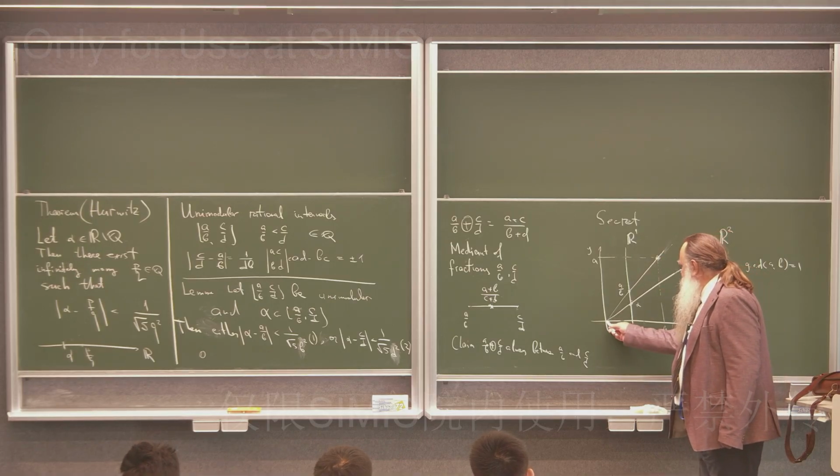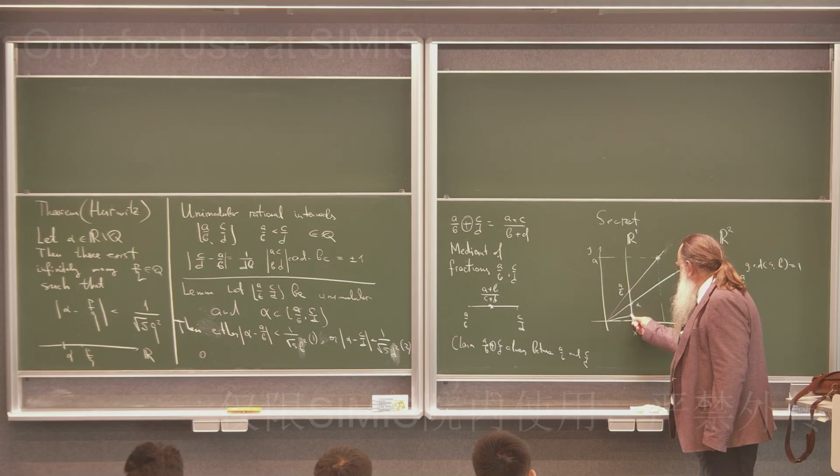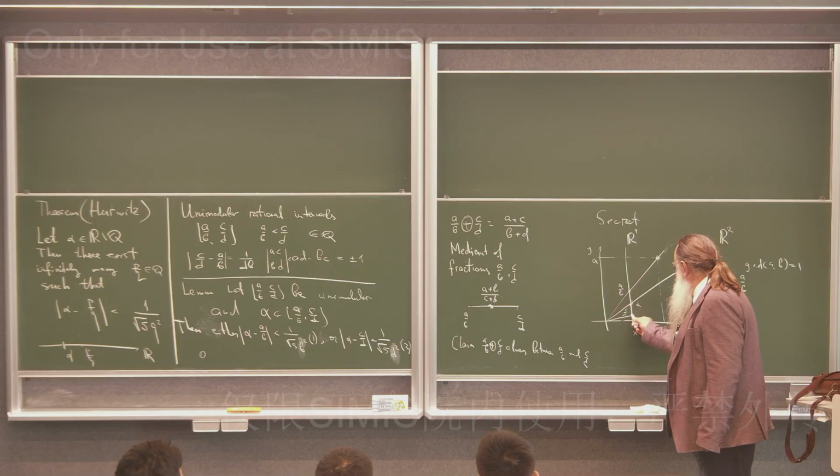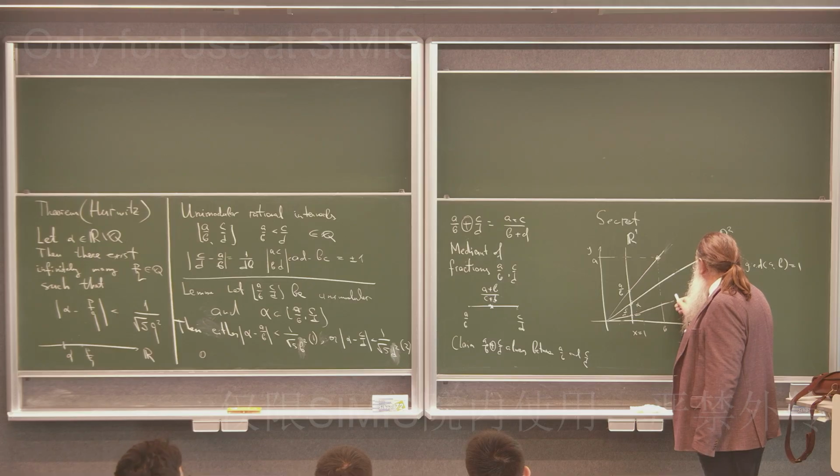let us consider point CD. So this is C over D. It means that here I should draw a primitive point.